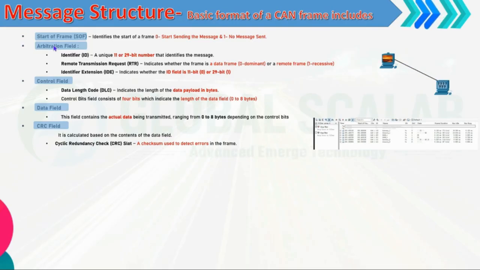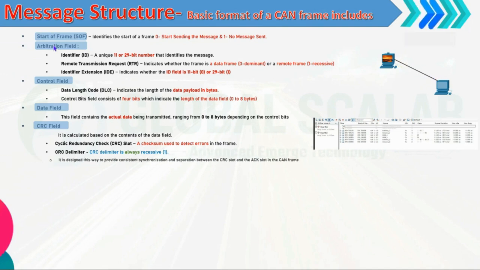And the CRC slot is used to detect errors in the frame. The CRC delimiter is always recessive, and it is designed to provide consistent synchronization of the data and the separation between the CRC slot and the acknowledgement slot in the CAN frame.